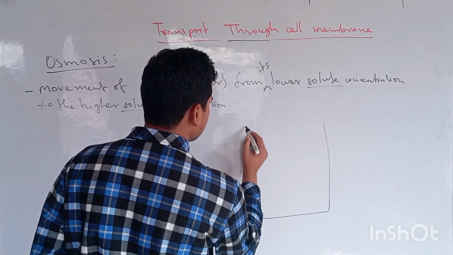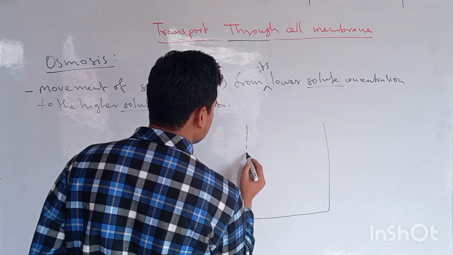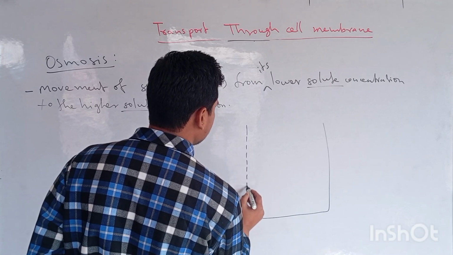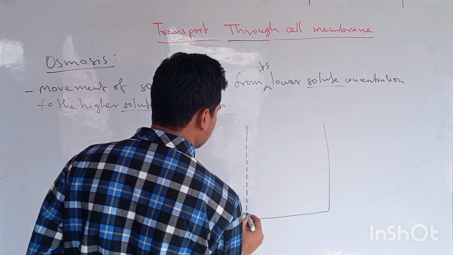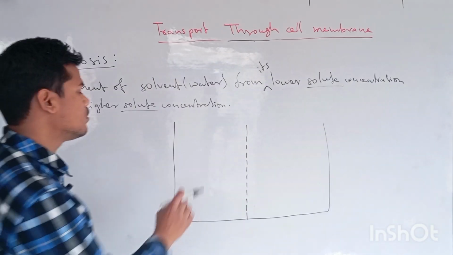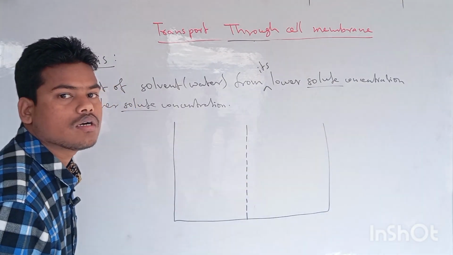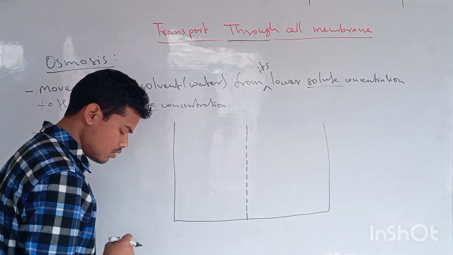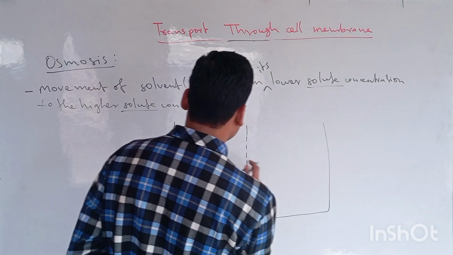Let's suppose this is a compartment, and these compartments are separated by a semi-permeable membrane. Semi-permeable membrane means this membrane will allow the rapid movement of water, the solvent.